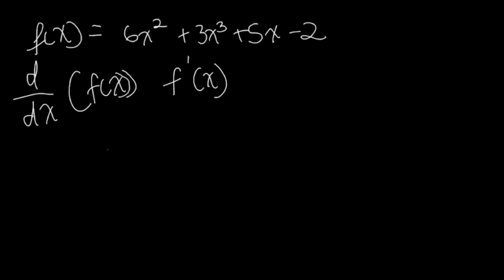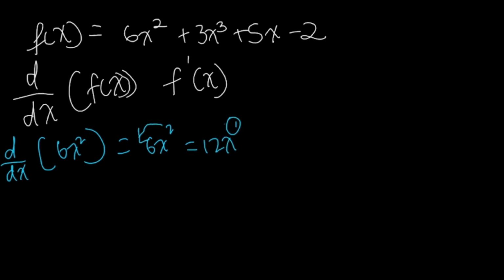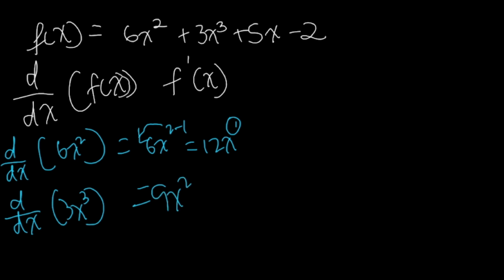Okay, so we first start off by taking the derivative of each and every term in this example. So the derivative of 6x squared is equivalent, we take 6x, we take the exponent to this side, we get 12x to the power of 1 because we subtracted 1 from it, right? And then with the same logic, the derivative of 3x cubed, that's equivalent to 9x squared.